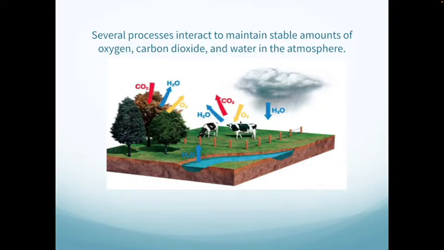Here you've got cows. They release carbon dioxide but take in oxygen, and again evaporation is happening at this level. Not necessarily from the cows, but they do excrete urine, so there is some of that there. And then you have precipitation or rain. This would also include snow. And then here you have evaporation of the water.